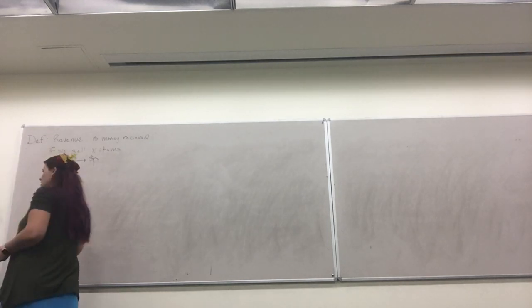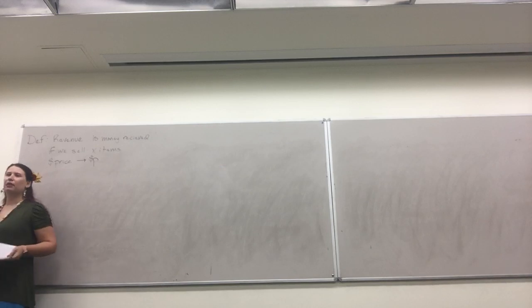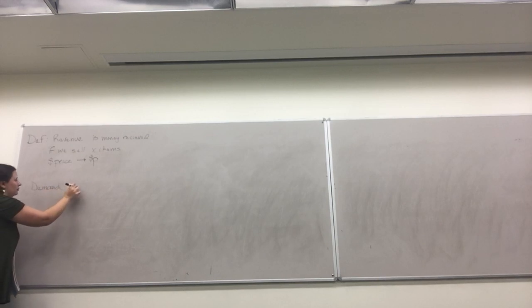So, if we want to talk about a specific type of price equation to help us figure out the revenue, it is called the demand equation. The demand equation is literally the amount sold, so that's X, times how much we sold them for, right?